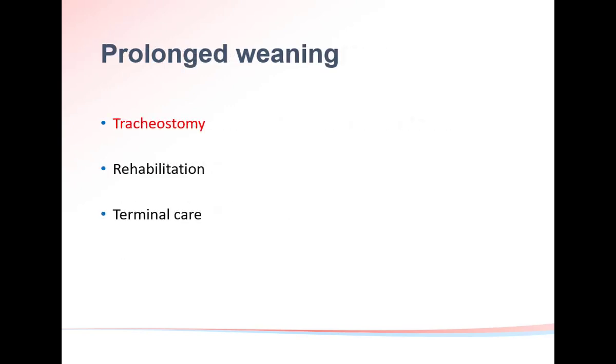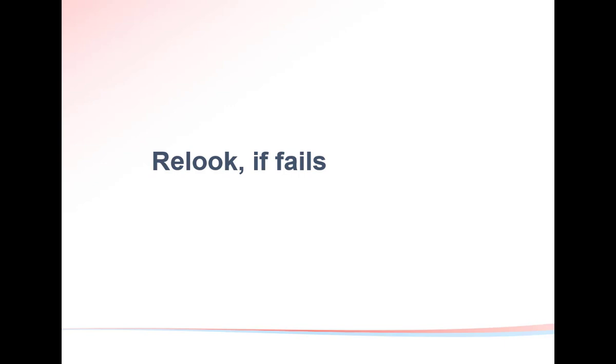Then for prolonged weaning, you must tracheostomize these patients because it does help. Although they have not seen a difference in the outcome, tracheostomy does help to wean the patient off the ventilator. So if you still fail, then you have to again treat the causes. Then you will be able to wean your patient off the ventilator.